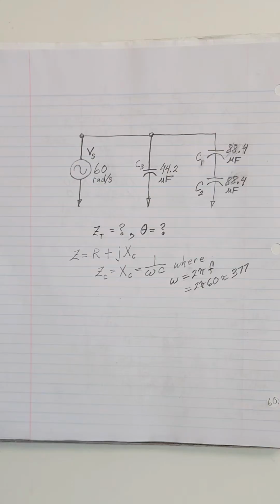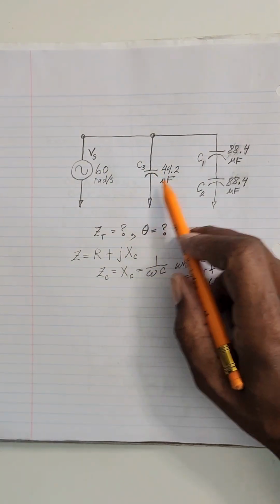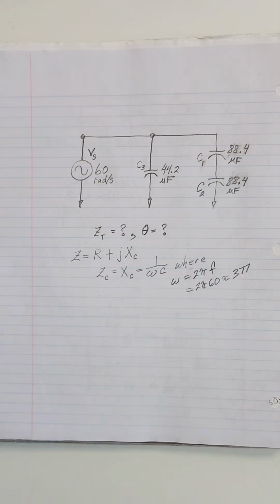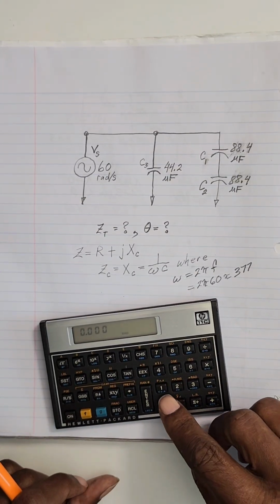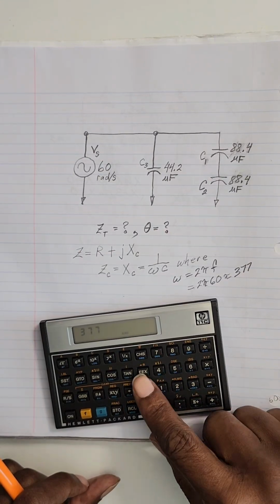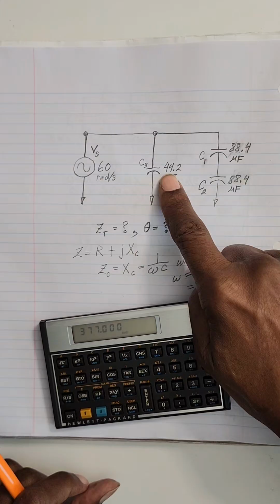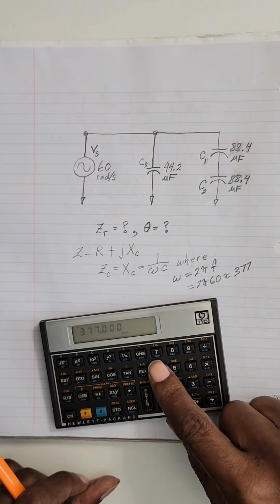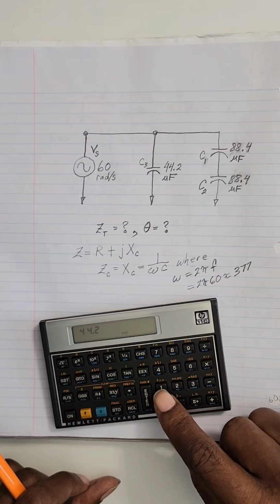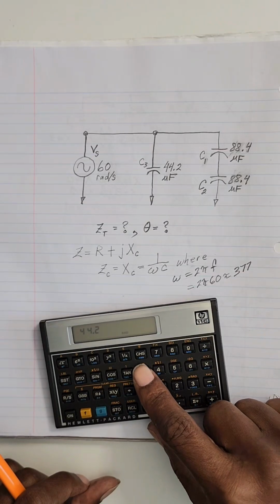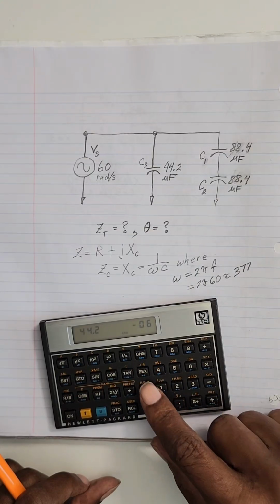So let's figure out what our capacitive reactance is. Replace these for capacitive reactances. And so what we want to do is, we know that we have 377 that needs to be multiplied times the capacitance here of 44.2 microfarads, exponent, and we want the negative sign on that.